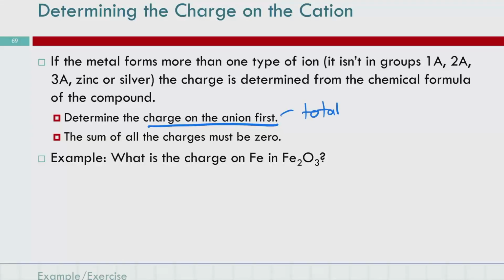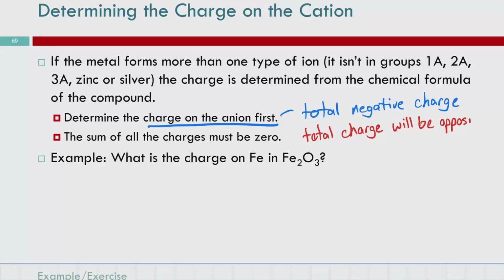So we'll find the total negative charge. And then because the charges have to be 0, total positive charge will be the same but opposite. And then we might have to do a little bit of algebra. And I forgot to write positive.